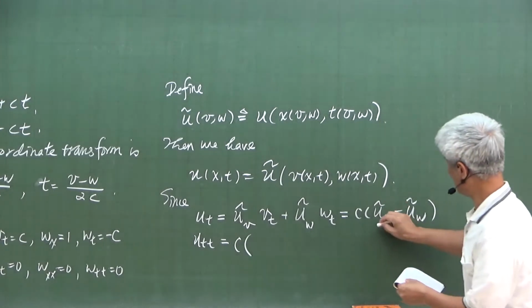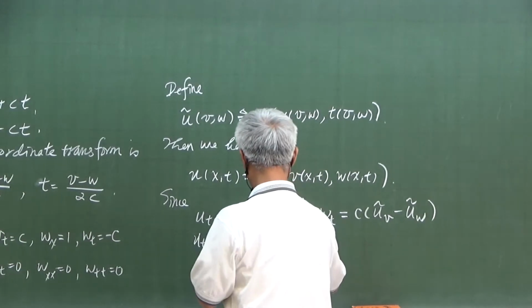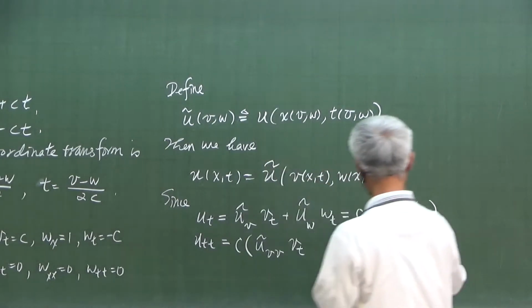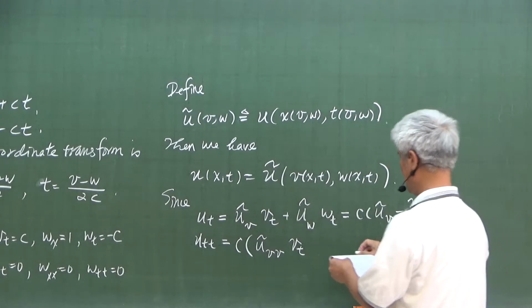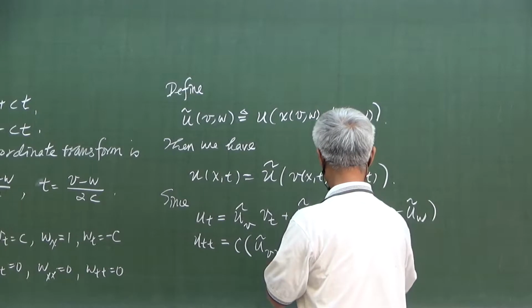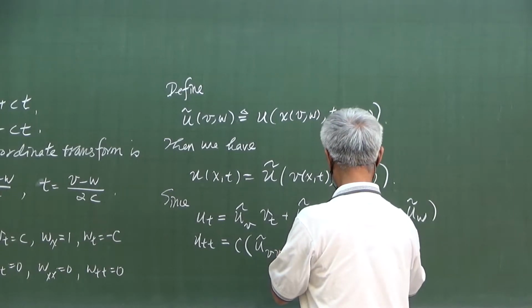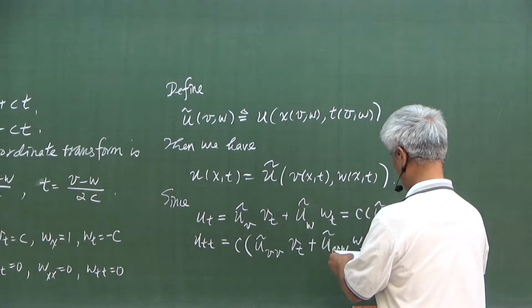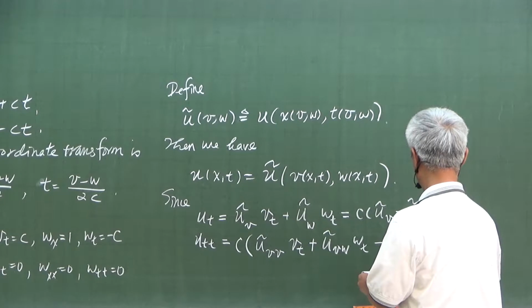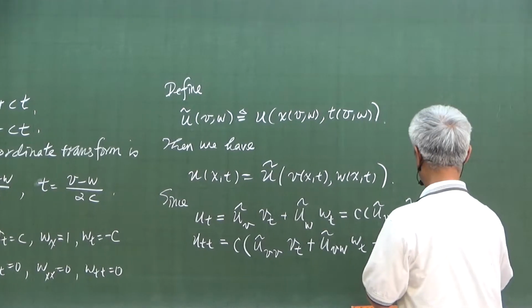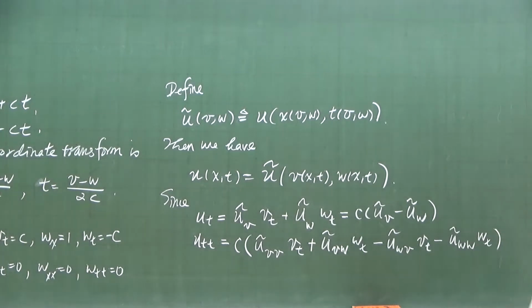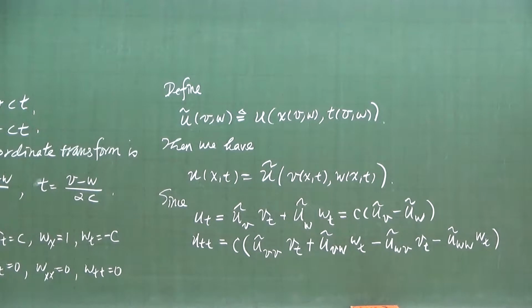For the first one, we have u tilde_vv times v_t, plus u tilde_vw times w_t, minus u tilde_wv times v_t, minus u tilde_ww times w_t.